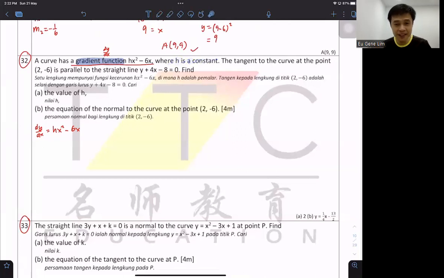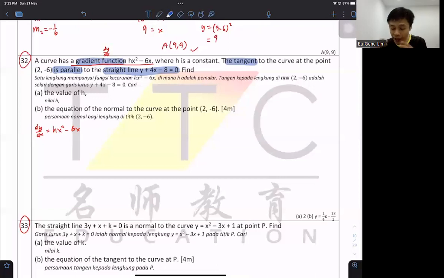Constant meaning number. Here is the important thing. The tangent to the curve at point 2, -6 is parallel to another straight line. You see the words that I highlight, you read this way: the tangent is parallel to another straight line.